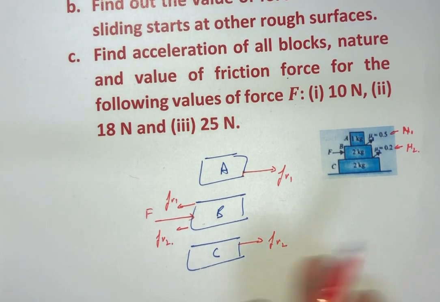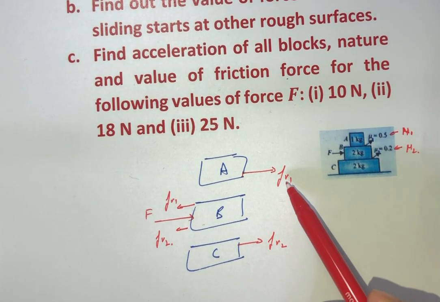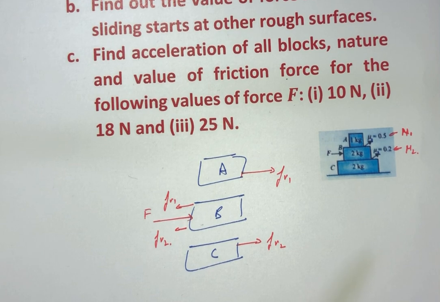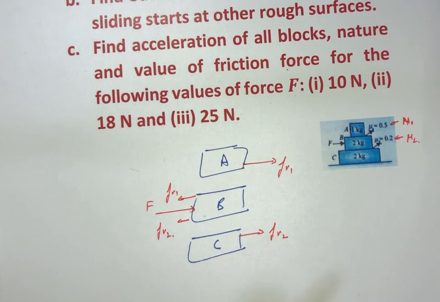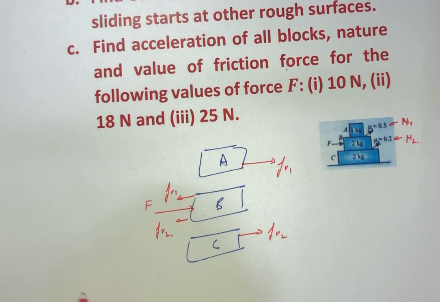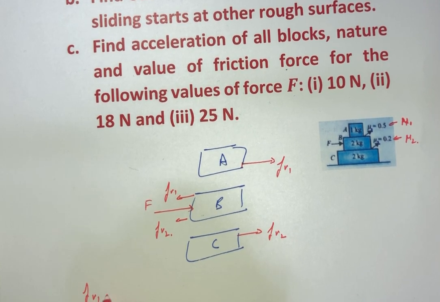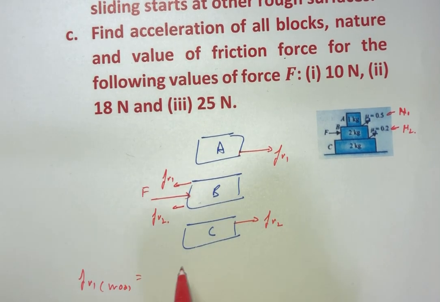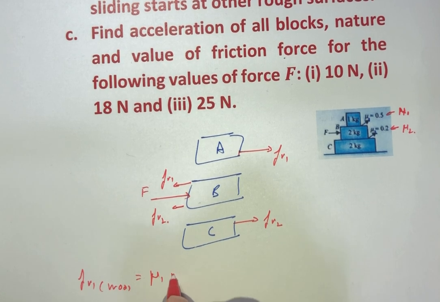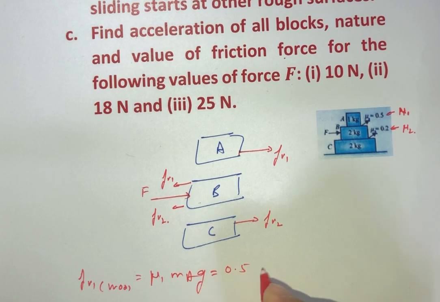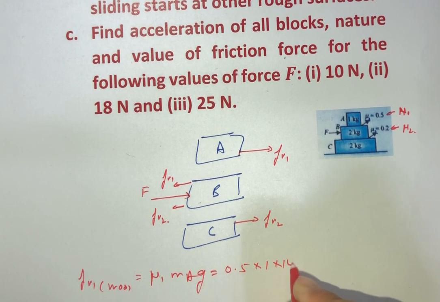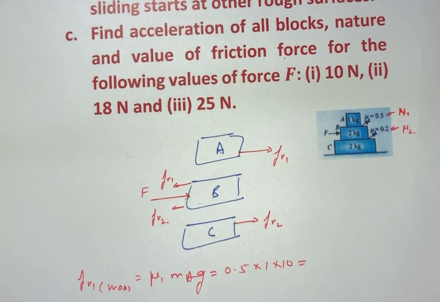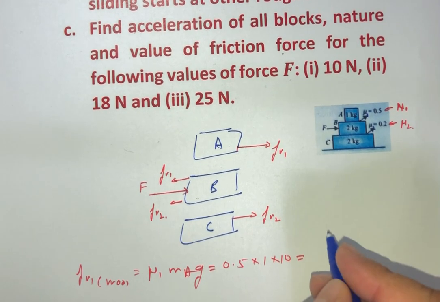Let us find out the maximum value of Fr1 as well as Fr2. Fr1 max, which is also called the limiting friction, is mu1 times mass of A times g. Mu1 is 0.5, mass of A is 1 kg and g is 10, so this value comes to 5 Newton.